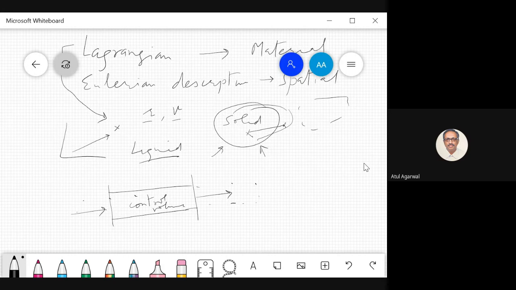You say if a particle is here, it is having this velocity. So you are giving a description which is Eulerian or spatial. So you give velocity as a function of x, y, z, time.